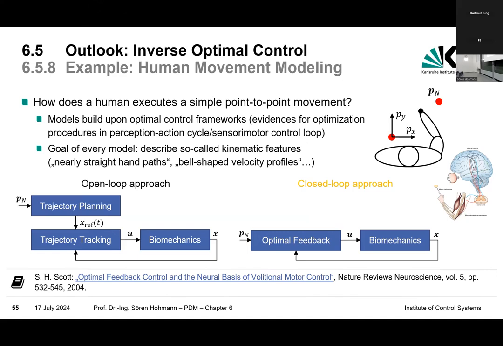And the interesting, we have projects with the Sports Institute in Freiburg together. And I asked, why is that? And he said, well, it's counterintuitive. If you learn something new, so I'm new in tennis, then I activate everything, all my muscles.